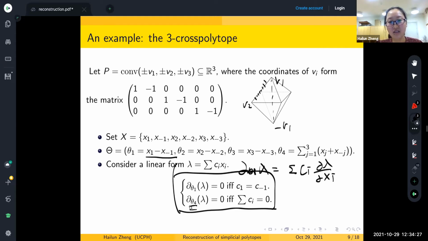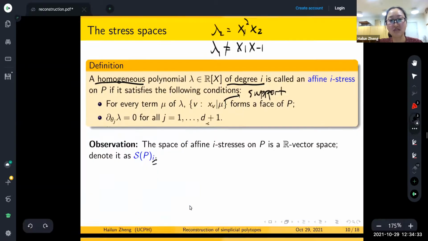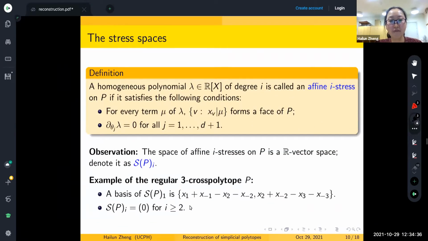However, the last condition tells us that the sum of all these coefficients has to be 0. So easily you will be able to derive that the basis of the alpha-1 stresses could be something like this: x1 plus x minus 1 minus x2 minus x minus 2, and you just rotate the vertices 1, 2, 3 to get the other one.